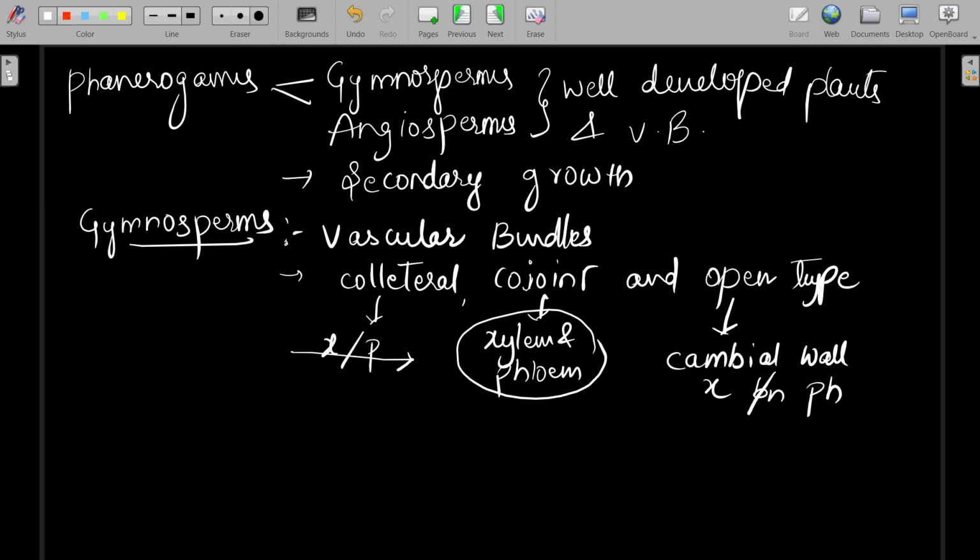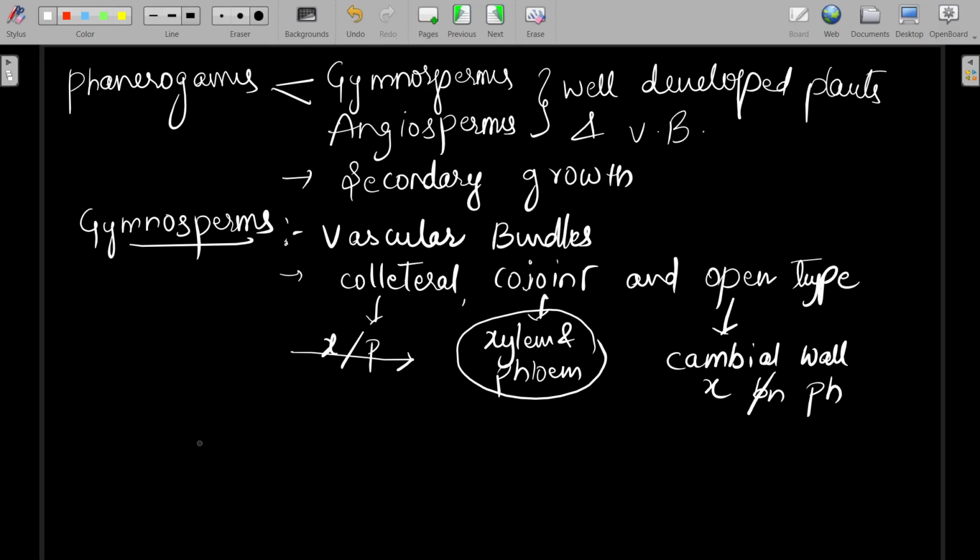If there is no cambium, it is called closed type of vascular bundle. These are some of the ascending patterns of developmental characteristics you can see from Thallophyta to gymnosperms.